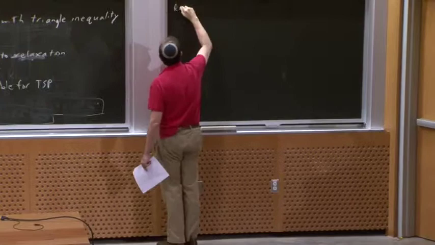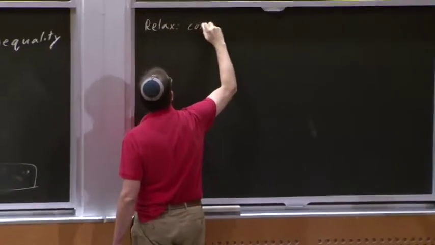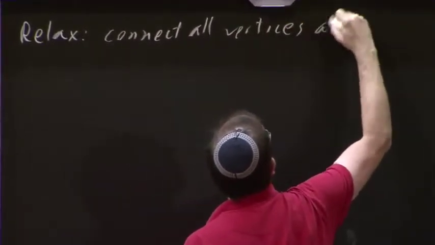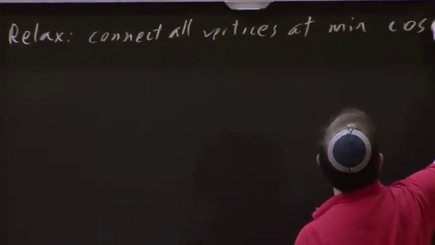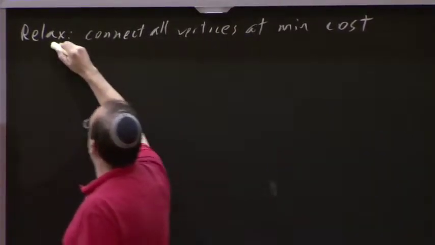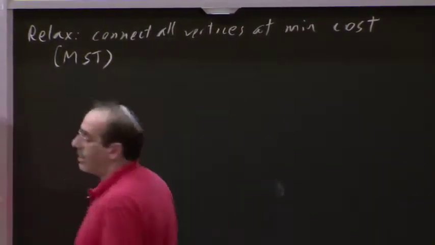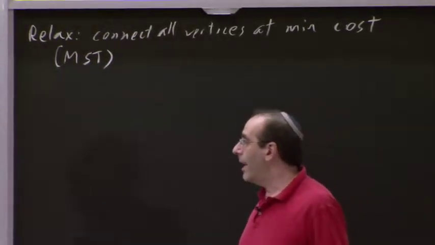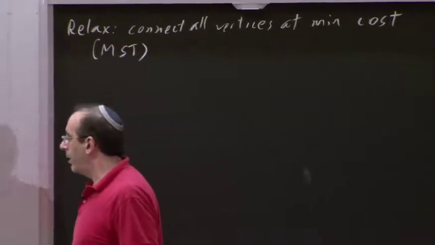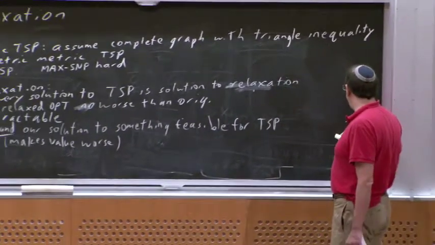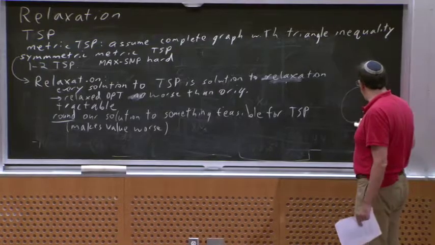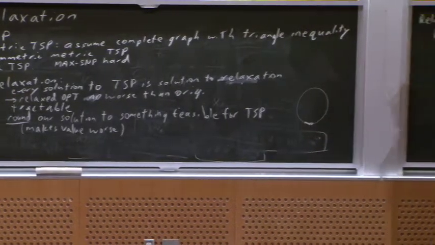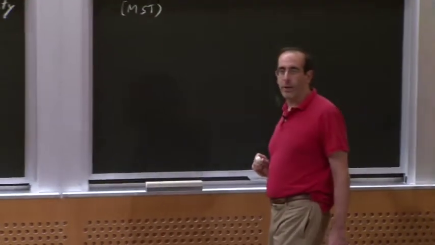So the relaxation of TSP is going to be to connect all the vertices at minimum cost. And of course, we can solve that using MST. All right. But now we have to be a little bit careful, because the tour has sort of an extra edge in it. It's not a tree, right? It's a cycle.